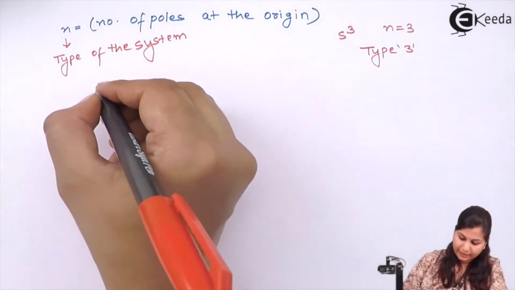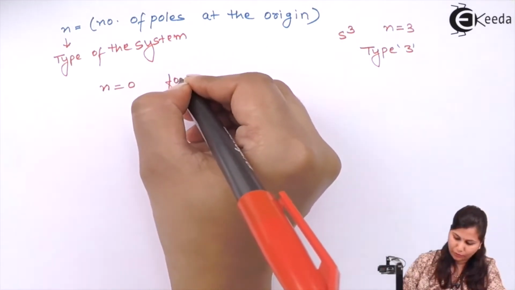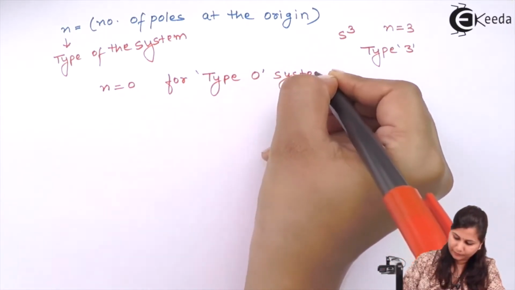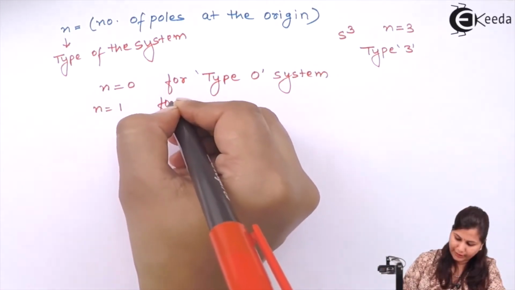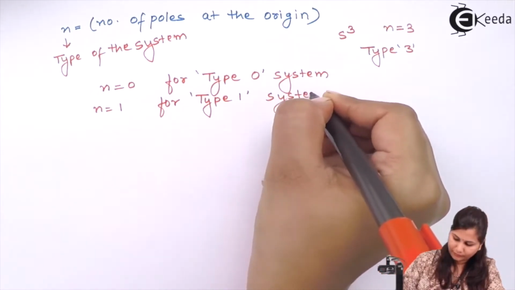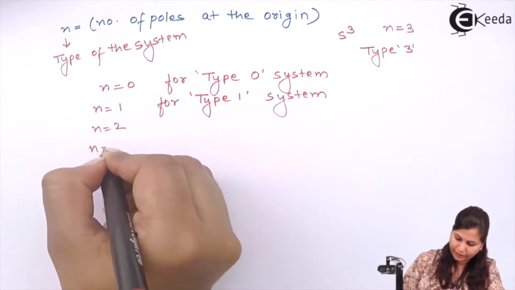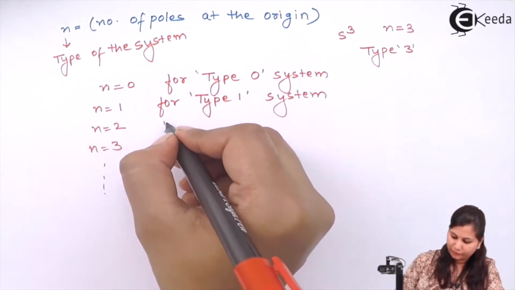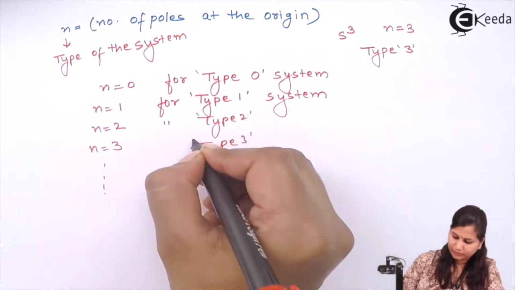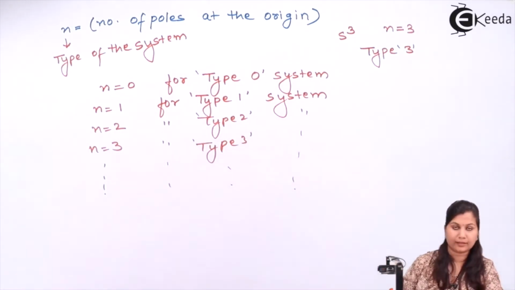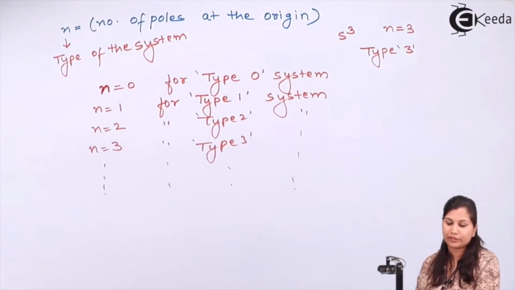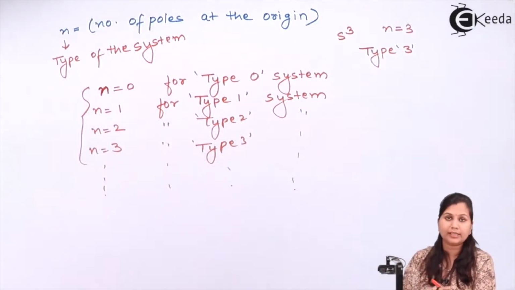If n equals 0, it is a type 0 system; n equals 1 is a type 1 system. Similarly, for n equals 2 and n equals 3, we have type 2 and type 3. So this n, the multiplicity of poles at the origin, defines the type of the system.